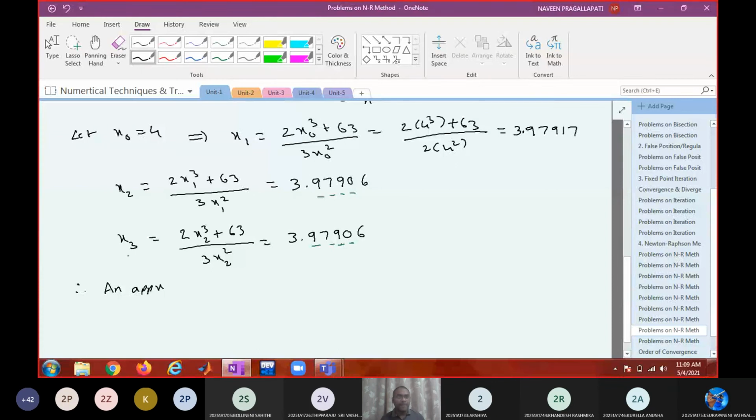The approximate value of the cube root of 63 is 3.9790, correct to 4 decimals.